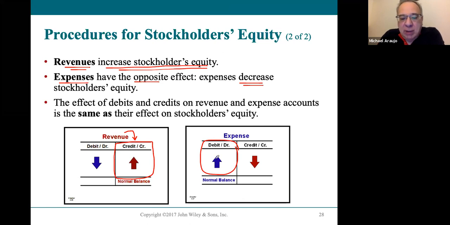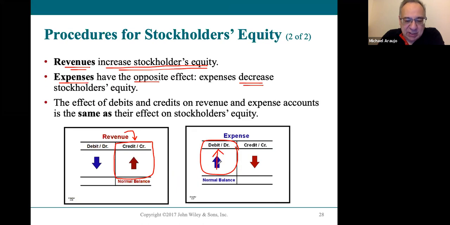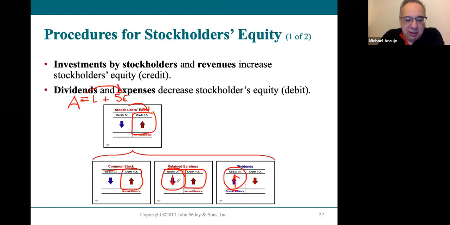We will show them on the debit side because the more expenses we have, the less profit we have. So very much like the previous slide when we had more dividends, less profits, less retained earnings, this is how the expenses would work. The more expenses we have, the less retained earnings we have.